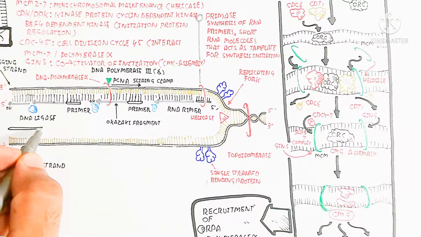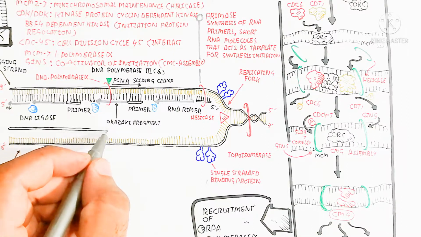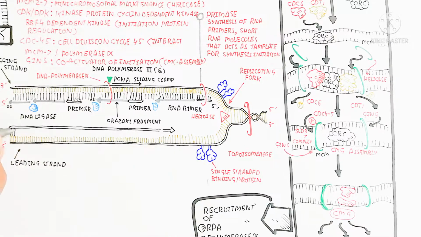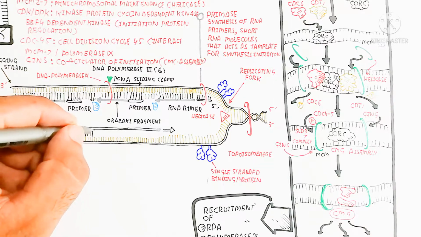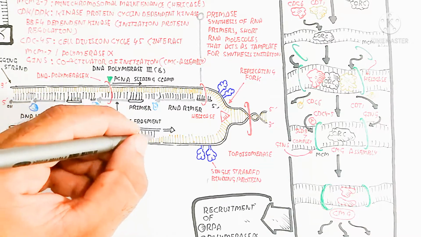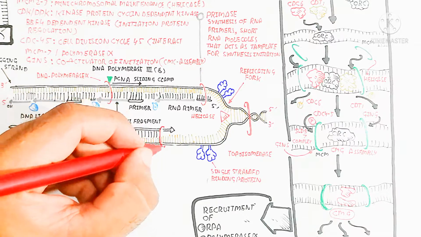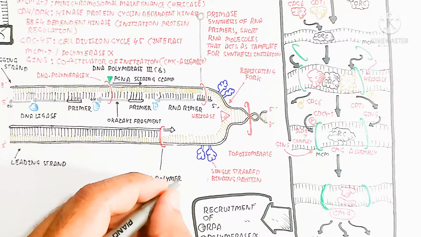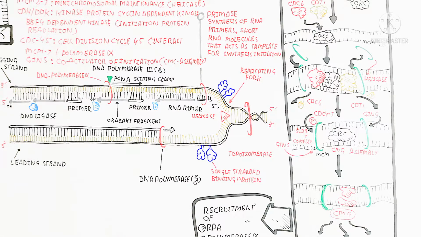On the other hand, the primer will be released. After the primer is released, the Okazaki fragments are joined, and the DNA ligase enzyme ligates the strand and completes it rather than leaving separate segments.